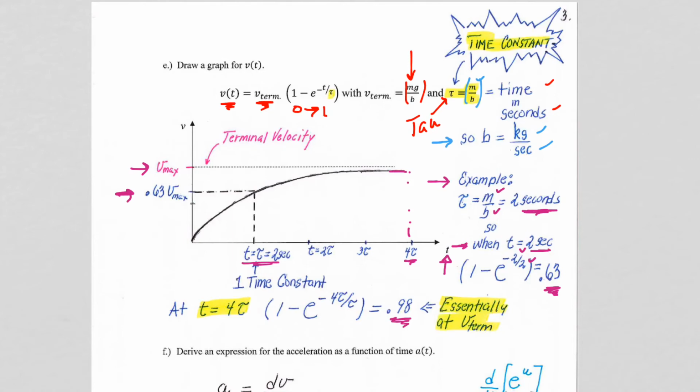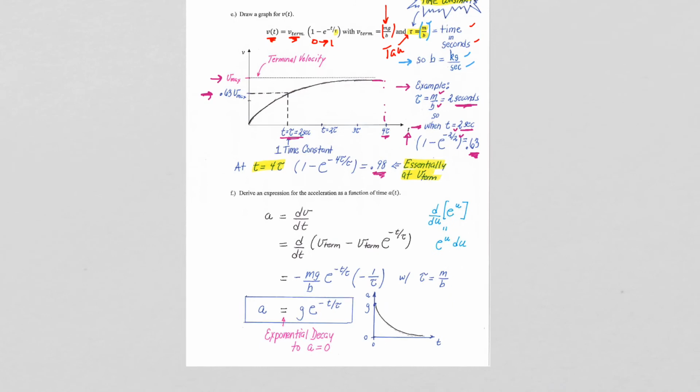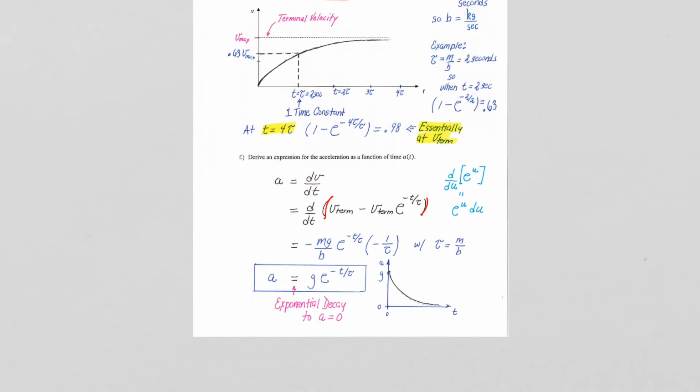The last bit that we have to know for these types of problems is how to get the acceleration, and we know that because acceleration is the derivative of velocity. So we literally pick up our velocity equation, plug it in for the velocity and take the derivative, and you will see that we get an e to the u du.